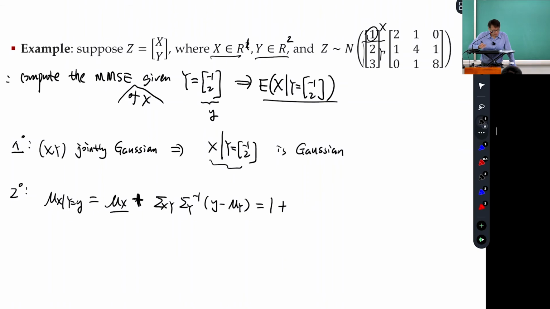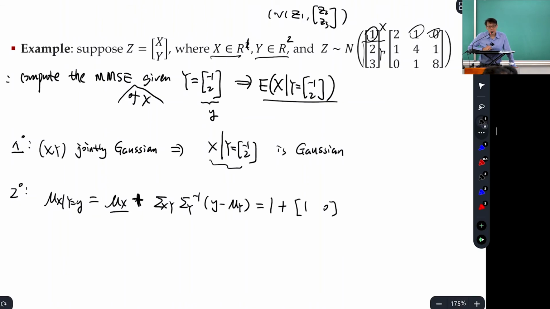X is z1, y is z2, z3, so it's a 1 by 2. It's the covariance of z1, z2, which is 1, and z1, z3 is 0. That's my covariance of x, y.